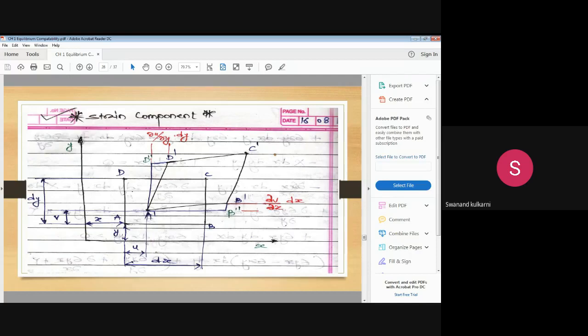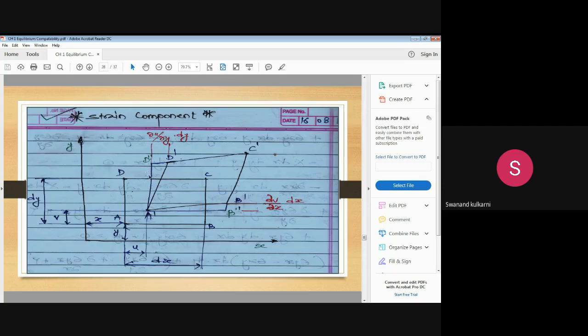Now, to identify the change that happened in AB, the mathematical tool we are going to use is the partial differential equation. Here u is the displacement along x direction, and for identifying the deformation we are considering dou u by dou x over the length dx, and for the vertical direction, dou v by dou y along the length dy.